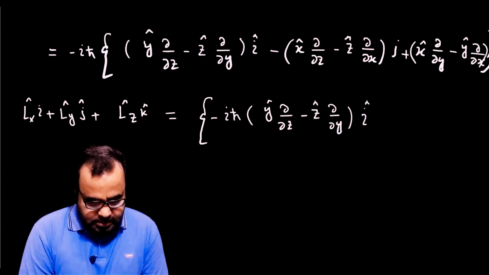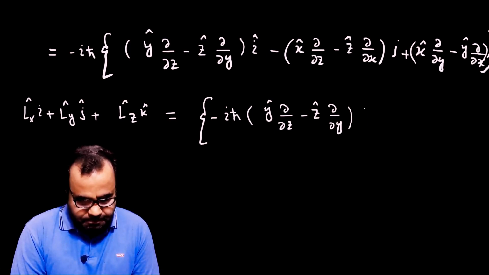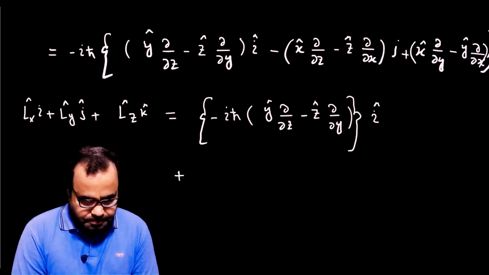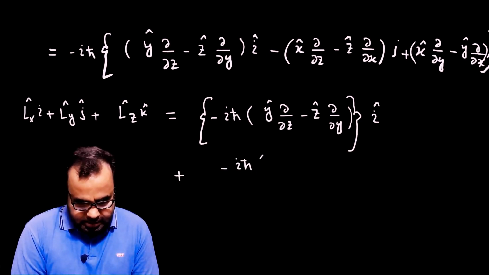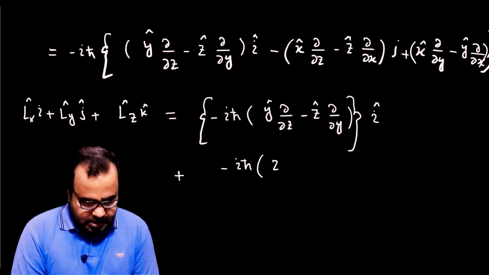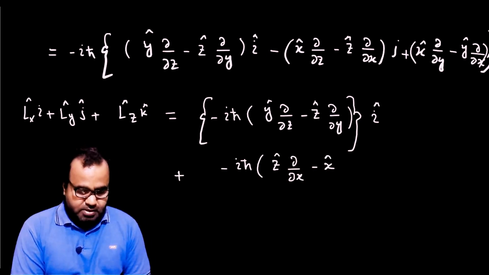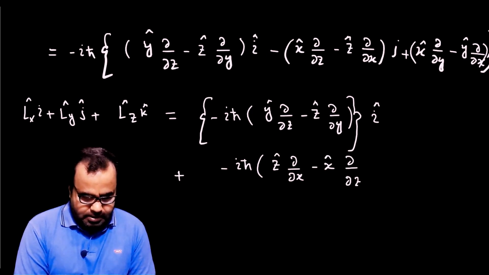Inside: y partial over partial z minus z partial over partial y, and it will be written with the i unit vector. Yes, i unit vector, and similarly we will multiply minus iota h cut with the j unit vector.